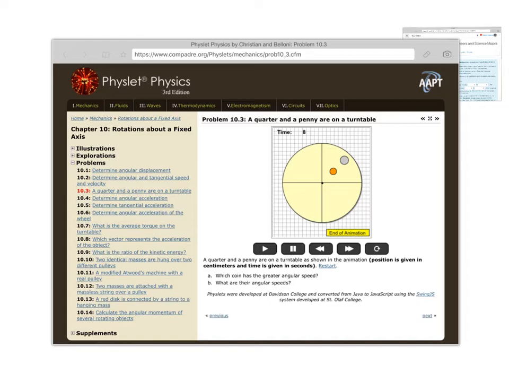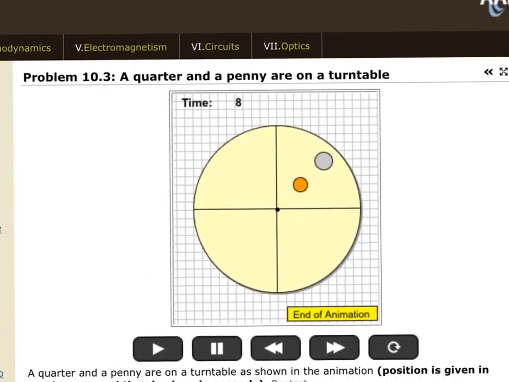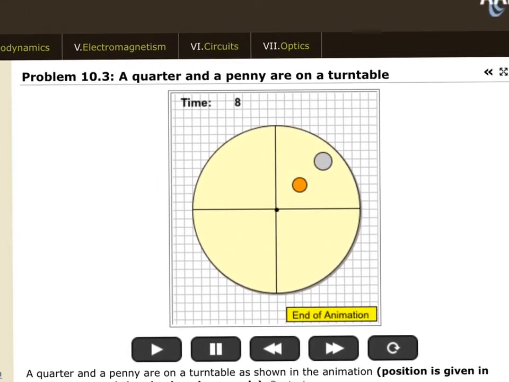What's worth noticing here and different is that every time the turntable goes once, the penny goes once, and the quarter goes once. So their rotational speed, the number of radians or rotations or degrees per second, is going to be the same, but their linear speed, the speed at which they're actually moving, is going to be slower for the closer one, because it covers less distance.